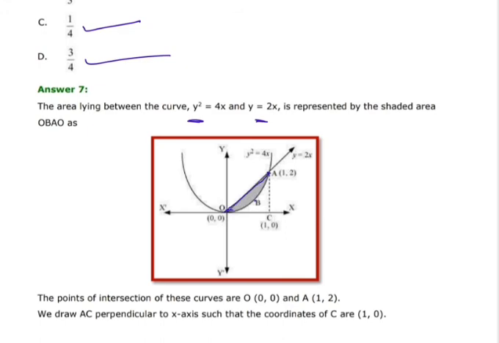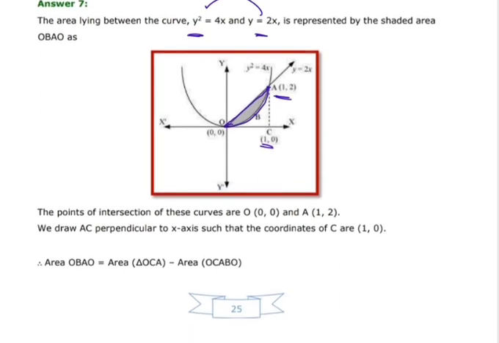Simplifying these two equations, we get the points of intersection: 0, 0 and A, 1 by 2 and 1. We draw AC perpendicular to the x-axis, and the coordinate of C is 1, 0, which we already know.